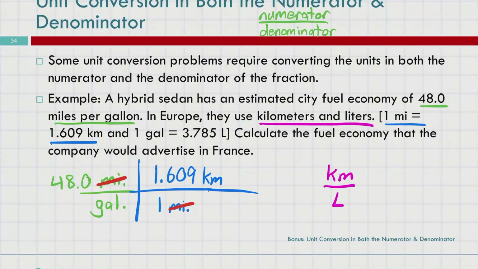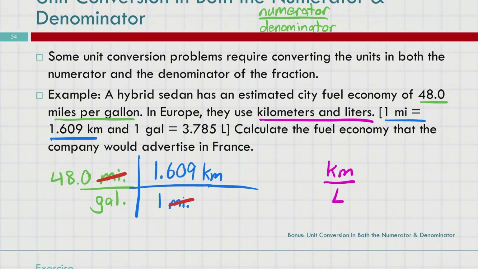And now the units, if we plug this into our calculator, the units that we would get out are kilometers per gallon, which nobody's going to use. We also need to convert our gallons. So 1 gallon equals 3.785 liters. In order for us to cancel out the gallons, which one of these 2 numbers is going to go on top?